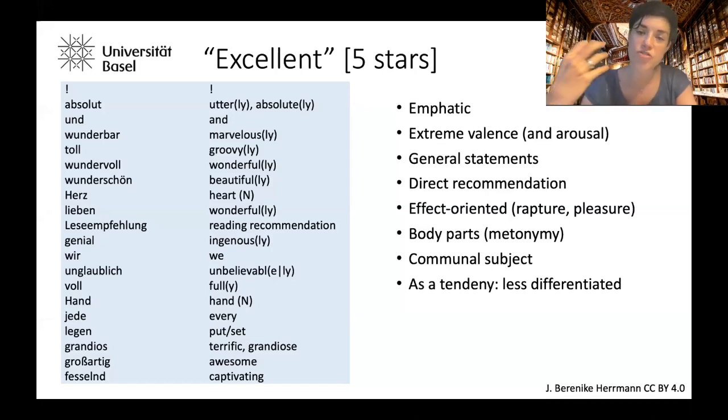So we have extreme statements of valence, and we have a lot of arousal. People are highly pitched there. There are many very general statements like absolutely, absolute, utterly. It's direct recommendation; you can see the reading recommendation in the middle.